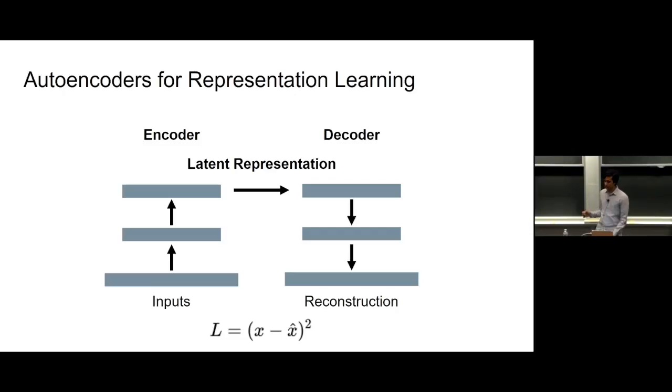What autoencoders add to this picture is they take one of the layers and they make it very small, on the order of maybe a few dozen hidden units, much smaller than the original space of inputs. And what this means is that in order to do a good job of reconstructing, autoencoders have to be able to take their inputs and learn a representation of them that can compress them into only a few hidden units here, and then decompress them back out from that representation into a reconstruction.